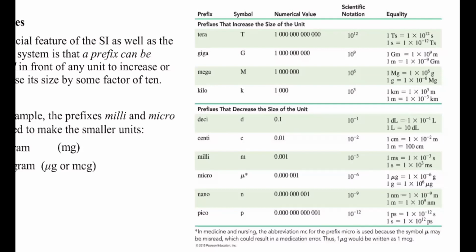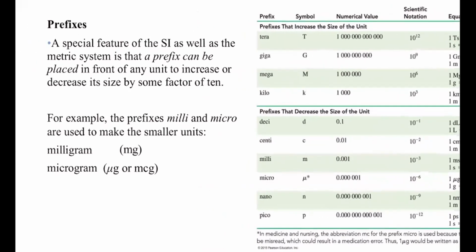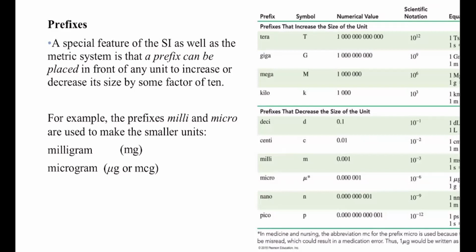Deci, centi, milli, micro, nano, pico are prefixes in front of any unit that will make them small. So milligram or microgram are going to be smaller units compared to a gram, which is just the basic unit where we start, okay?